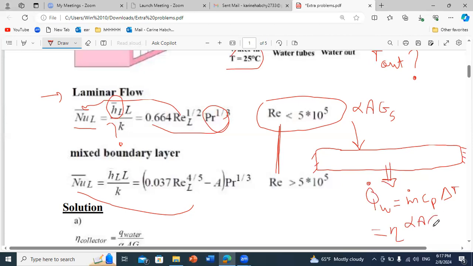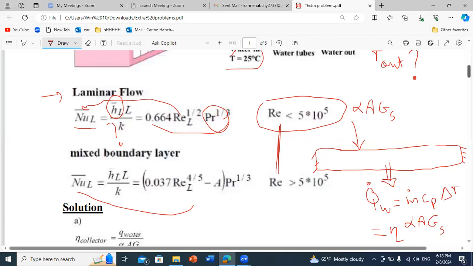Now, what about the remaining part of the energy? It is exchanged with what? Who can tell me? You have loss of heat through your glass cover.